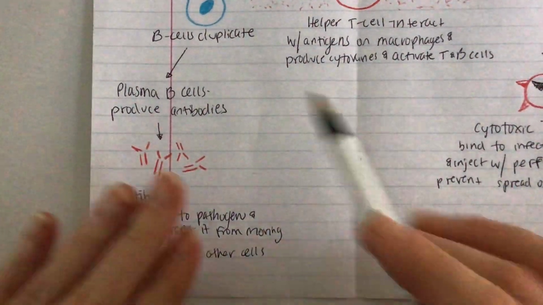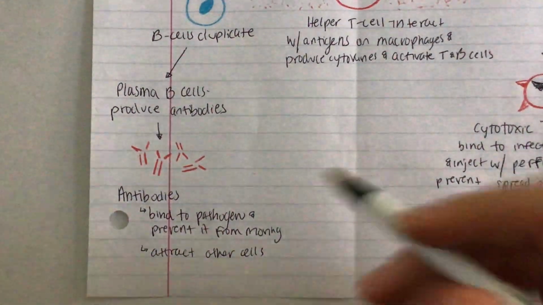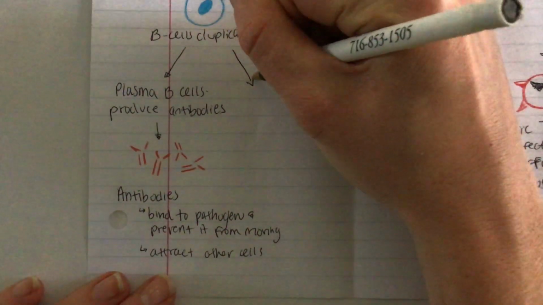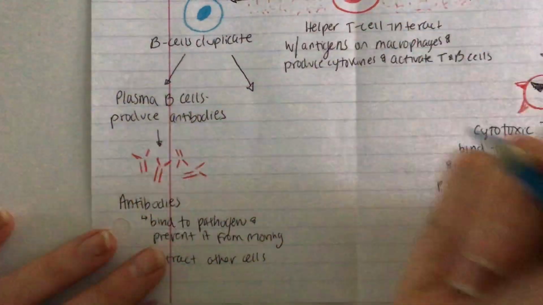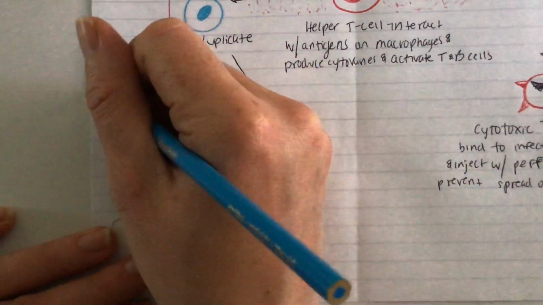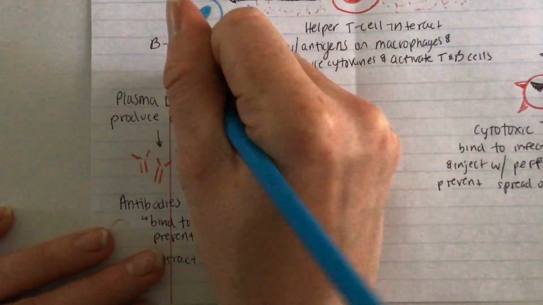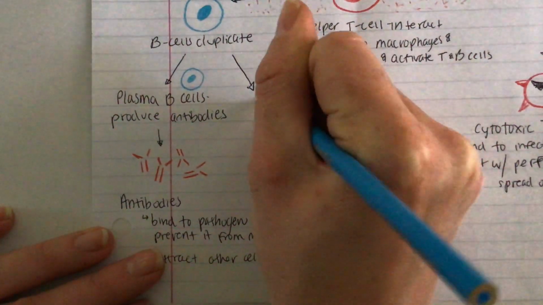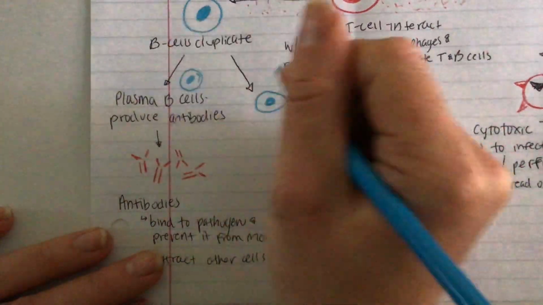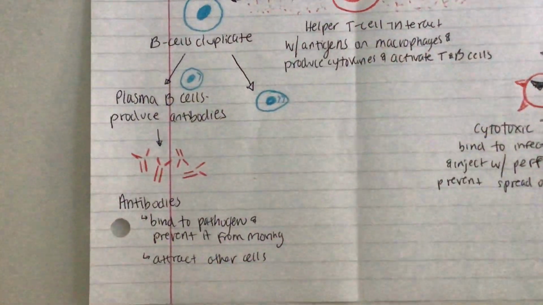And then the other type of B cell that will form when these B cells differentiate are called memory B cells. Oops, I forgot to draw the plasma B cells. That's okay, we'll just draw it here. And here's our memory B cells. You just add like a line there, 2 lines here to show they're slightly different.